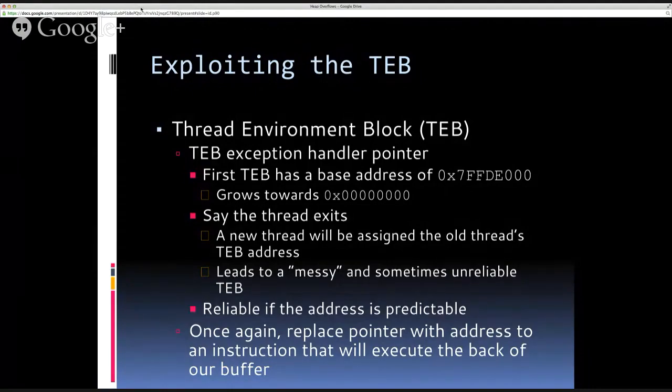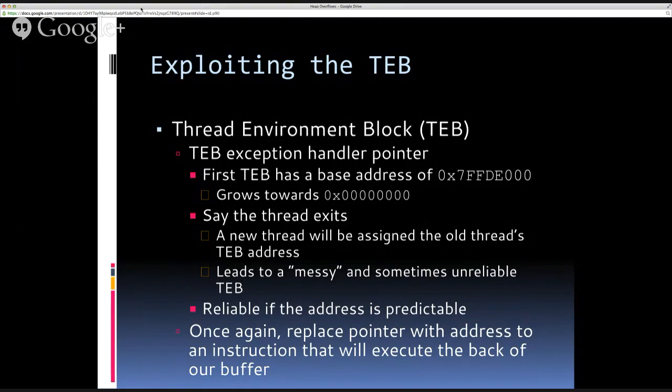But the problem with this is that it makes it more unreliable, because unless you have a very good understanding of when these threads are going to be exiting and where they'll be, it makes it harder to predict where the TEB is.